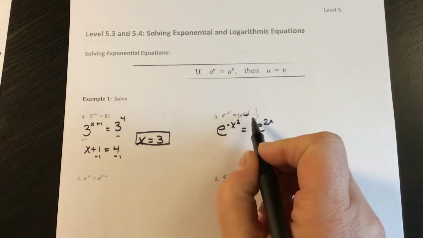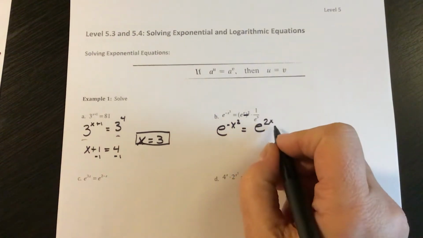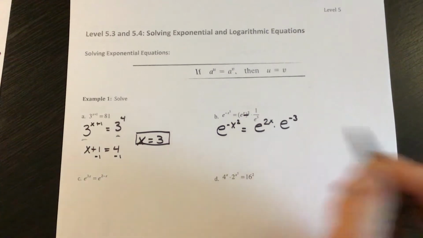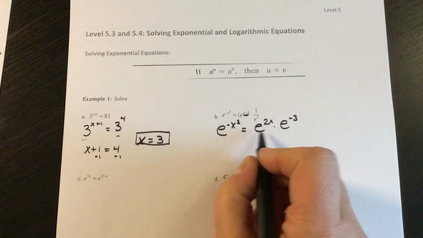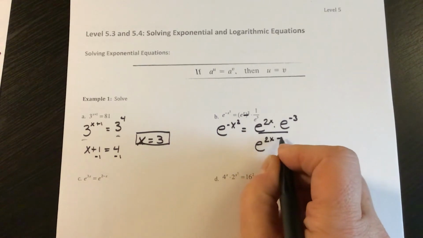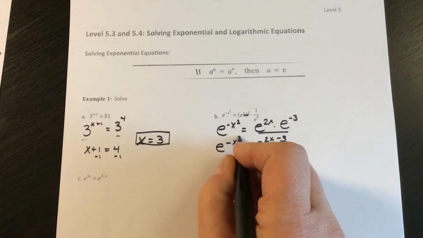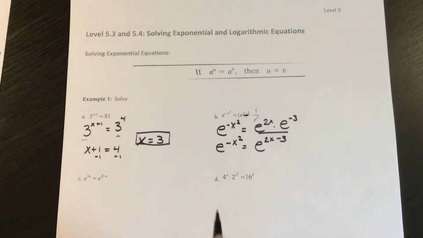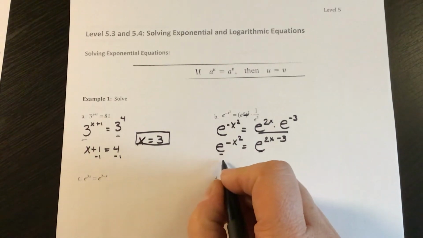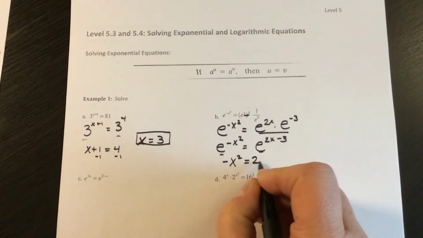And this part right here, 1 over e to the third power, is the same thing as e to the negative third power. So if I combine this side, I have e to the 2x minus 3 equals e to the negative x squared. And now, because my bases are the same, I can set my exponents equal to each other. So negative x squared equals 2x minus 3.